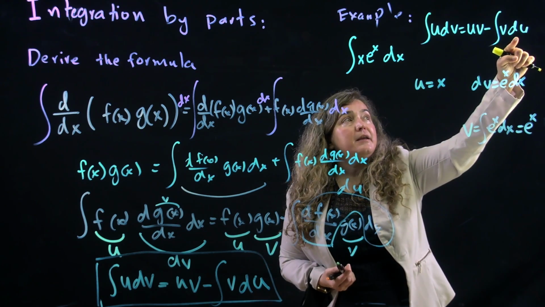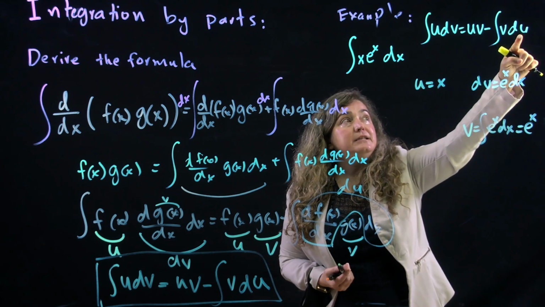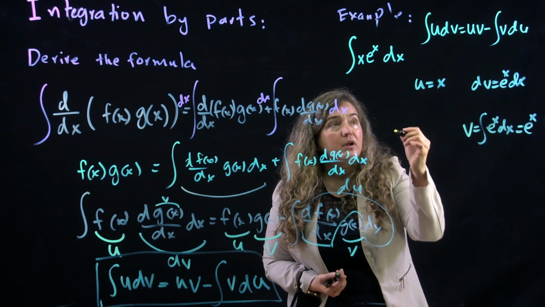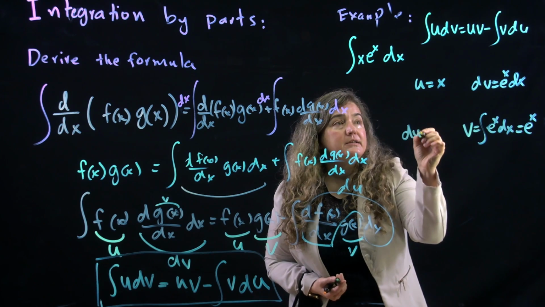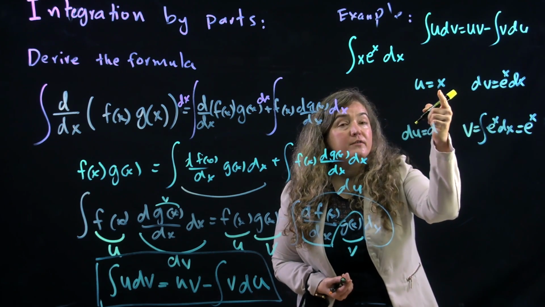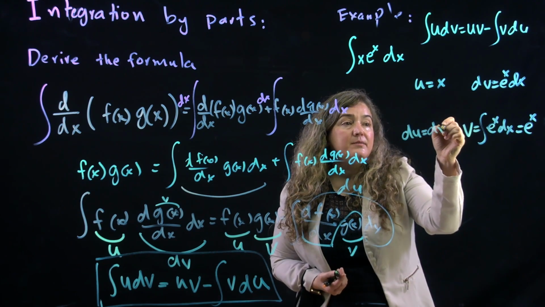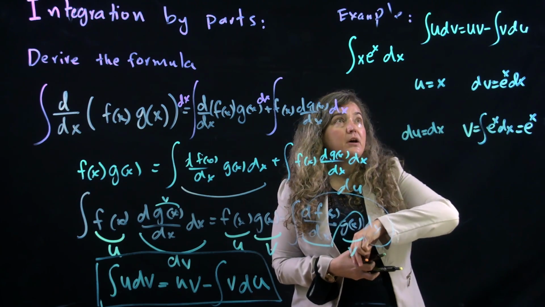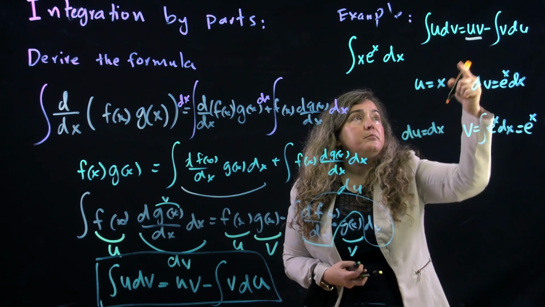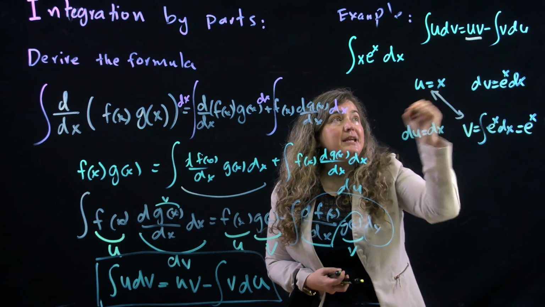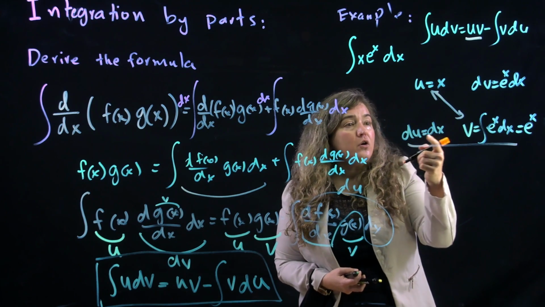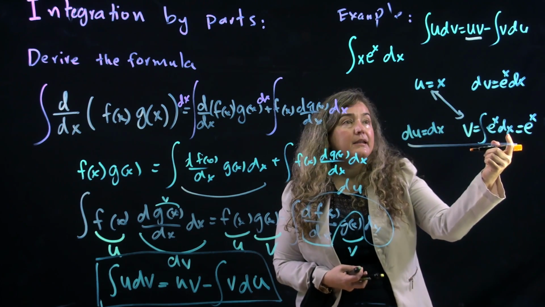Then to do the second part, I need to find du. And du is just the differential of u over here. du is equal to the derivative of x, which is 1, times dx. And now the formula is telling me to multiply u and v, then subtract from that the integral of the second line.